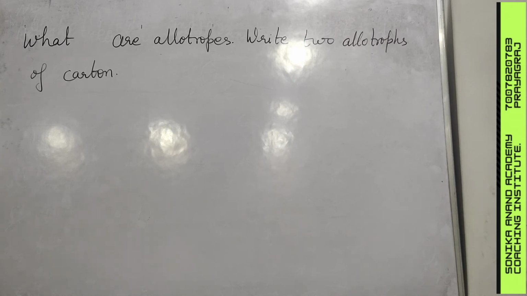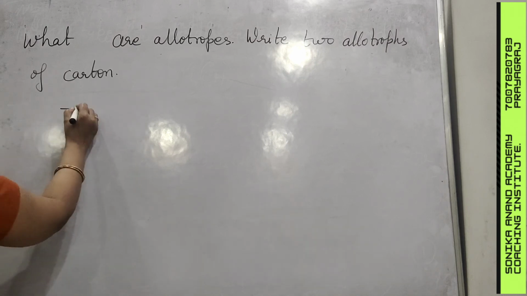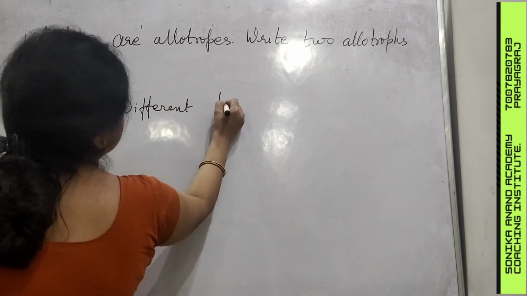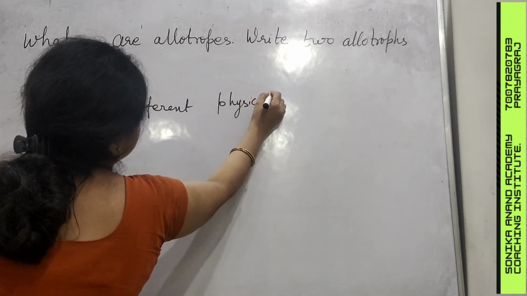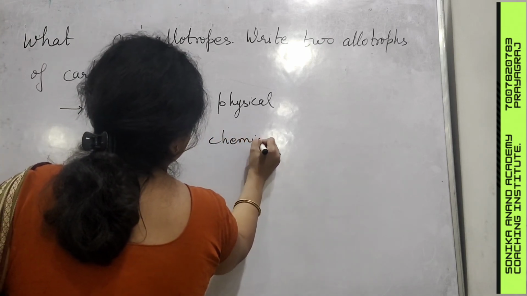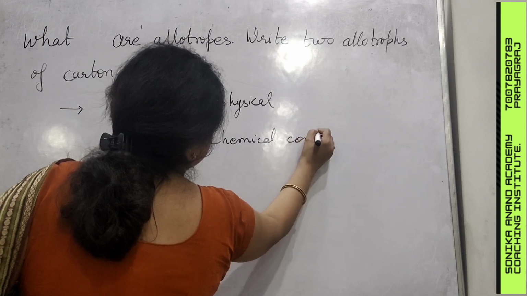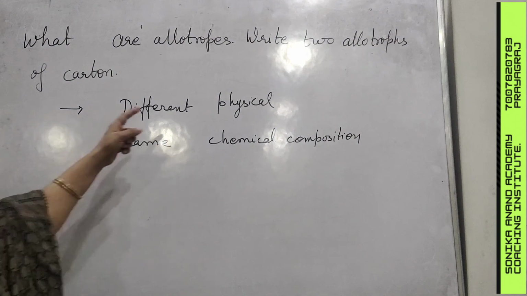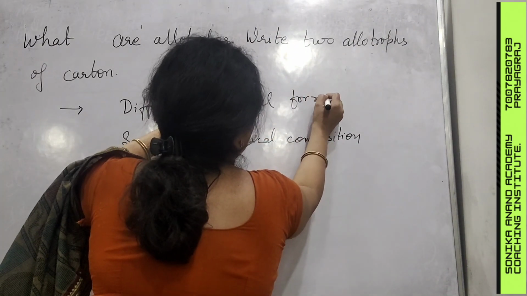Allotropes are the elements or compounds which have the same chemical composition but different physical properties.